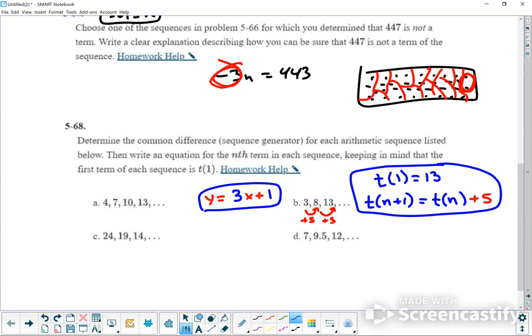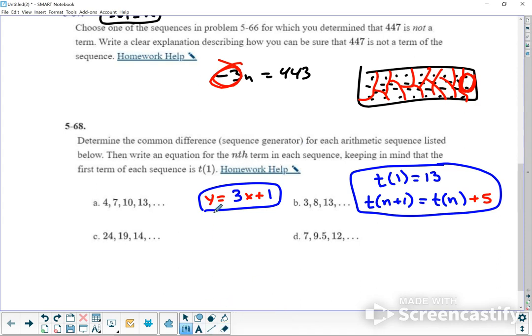It doesn't specifically describe which. Well, actually, if it says the nth term, then it'll be your explicit. So maybe we should just do explicit, huh? But it doesn't hurt to practice.